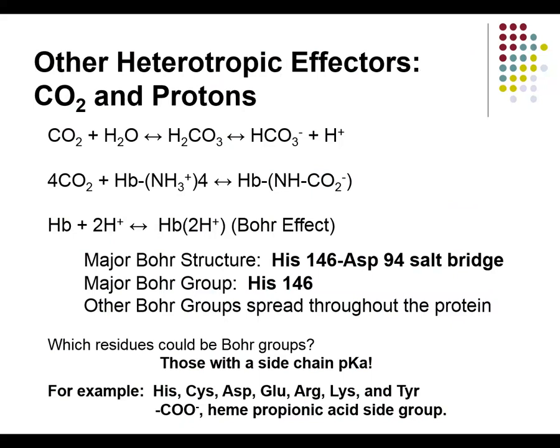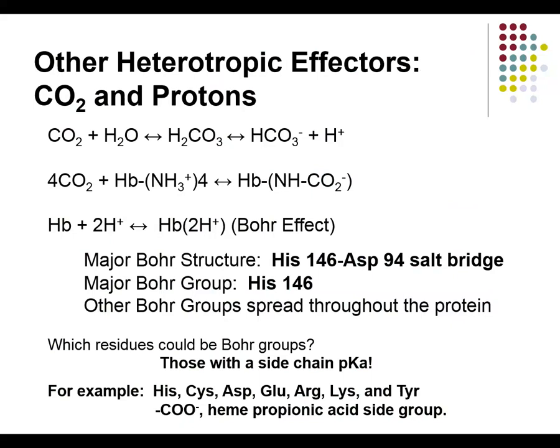Now, protons can quickly traverse the membrane and will impact the oxygen affinity by lowering the oxygen affinity of human hemoglobin. This is referred to as the Bohr effect. The major Bohr group has been identified as histidine 146.